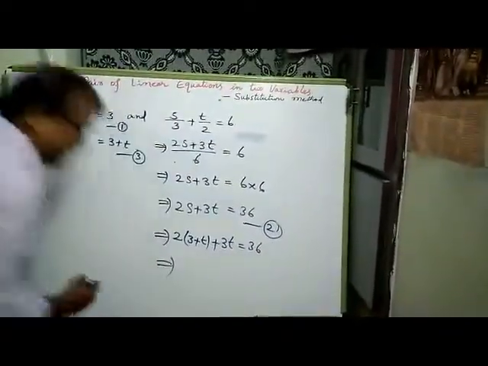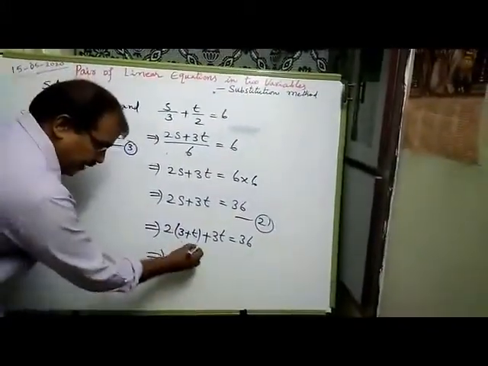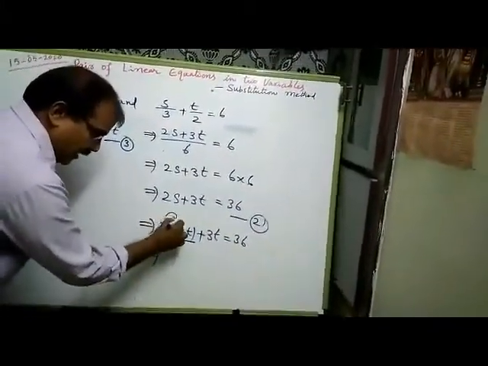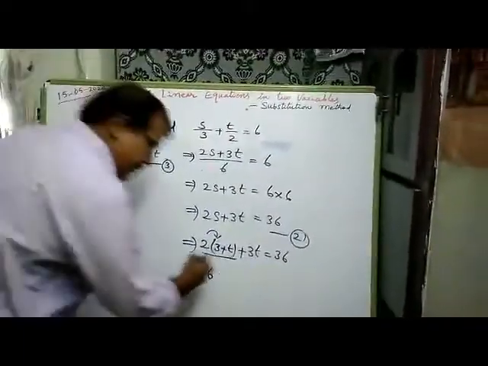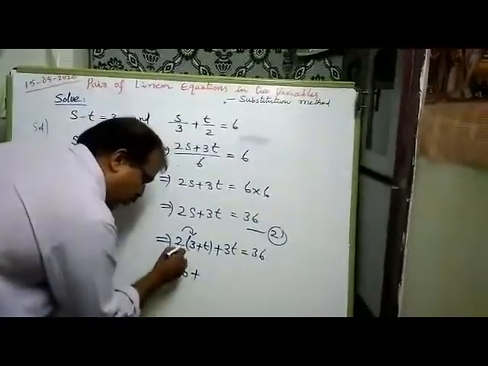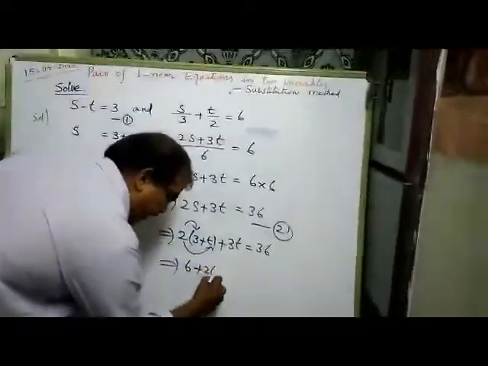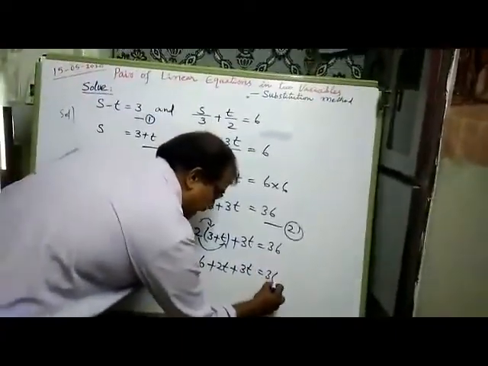We can use the distributive property: 2 3s are 6, plus 2 into t is 2t, plus 3t is equal to 36.